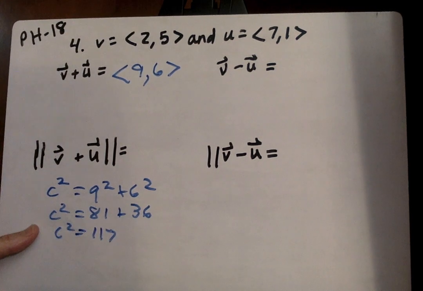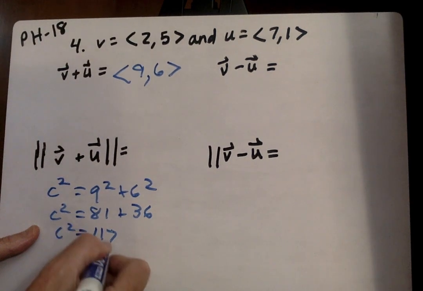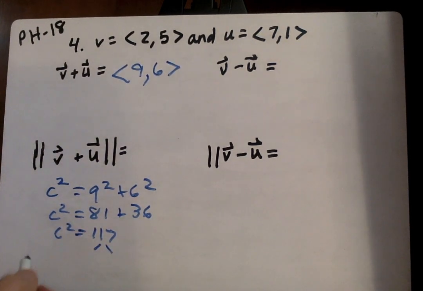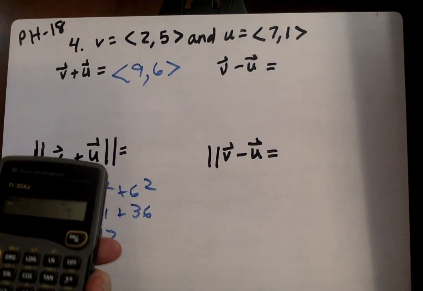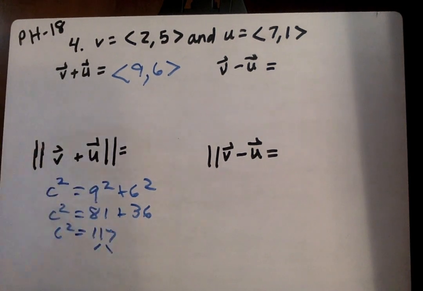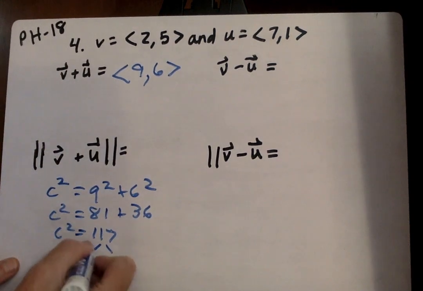I don't know of anything that will go into 117. Ooh, 9 will. Okay, so if 9 goes into it, the way I knew that, I added 7 plus 1 plus 1, counting all the digits. If it's divisible by 9, then that number is divisible by 9. So I can do 117 divided by 9, 13.